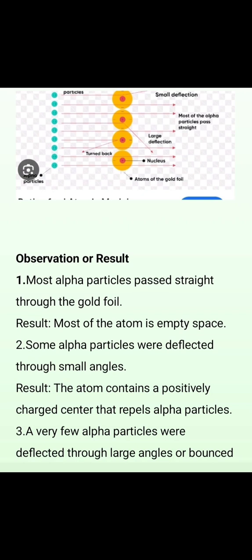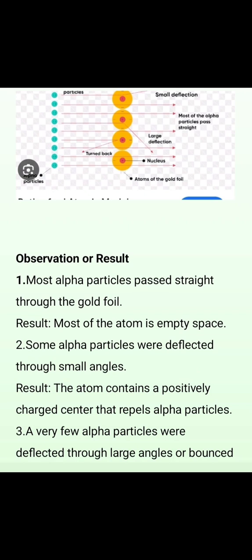At the third observation, a very few alpha particles are deflected through a large angle or bounce back. You can see it in the diagram.